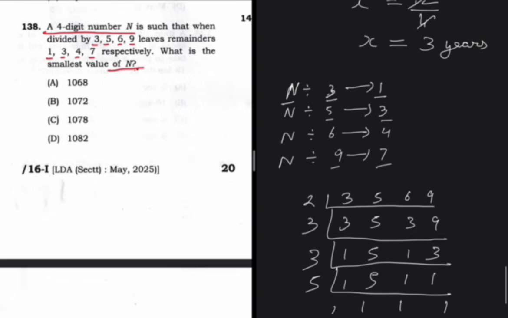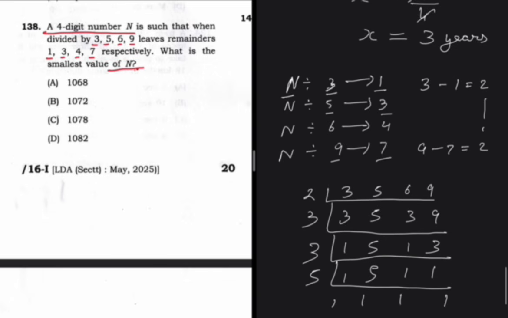The divisor 3 minus the remainder 1 is equal to 2. And similarly, if we subtract all of these, 9 minus 7 is equal to 2. Okay, so the residue here is 2.